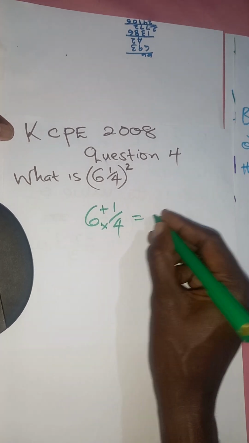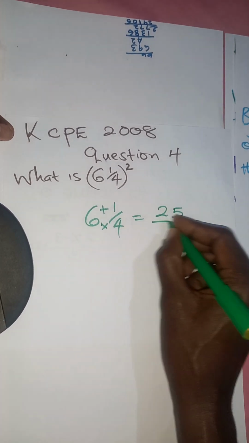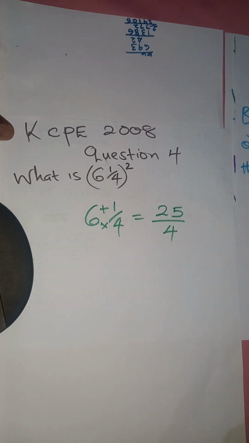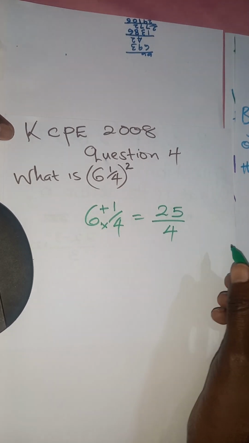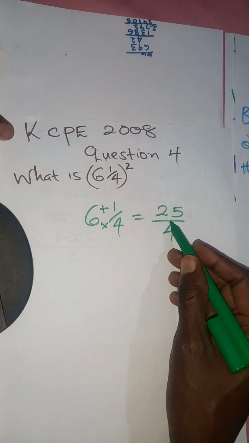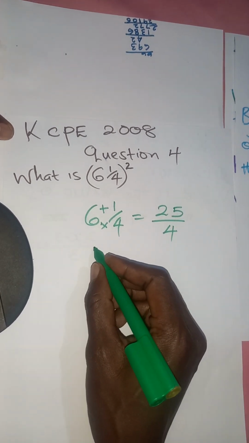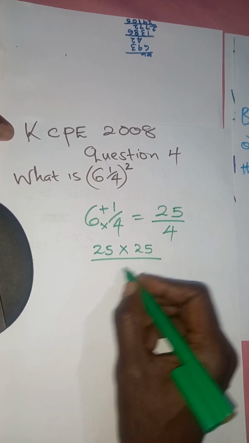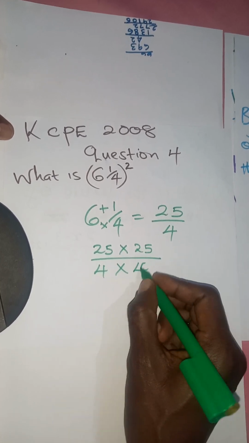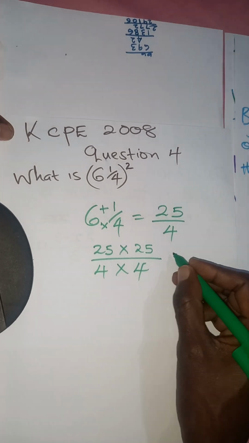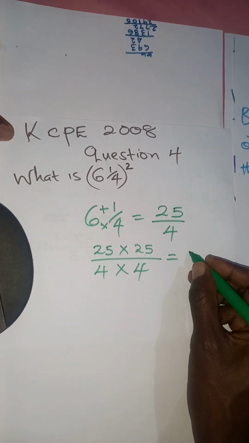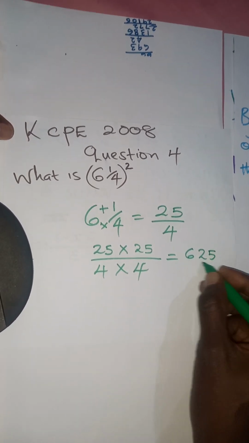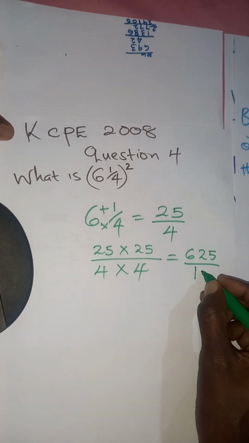So we get 25 over 4. The question is asking about the square, which means we multiply this fraction by itself. So it is going to be 25 times 25 over 4 times 4. So 25 times 25, you know it is 625. And 4 times 4, you know is 16.